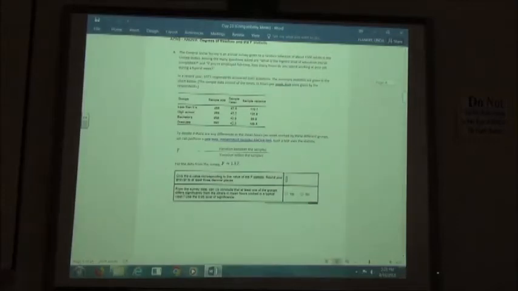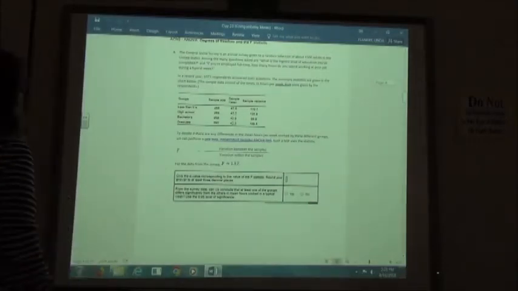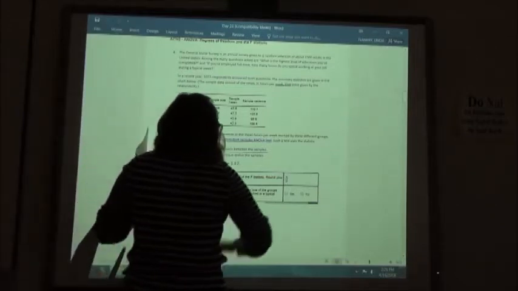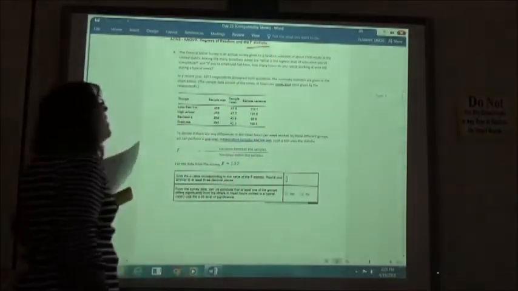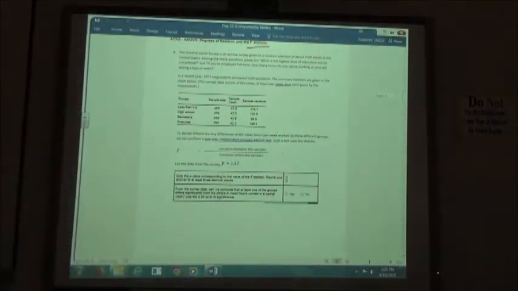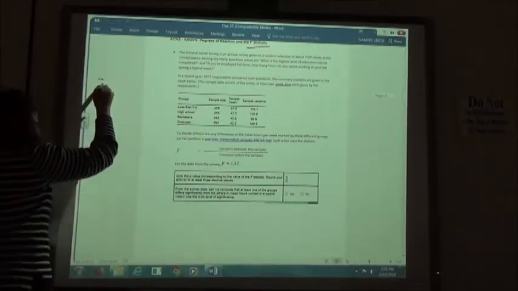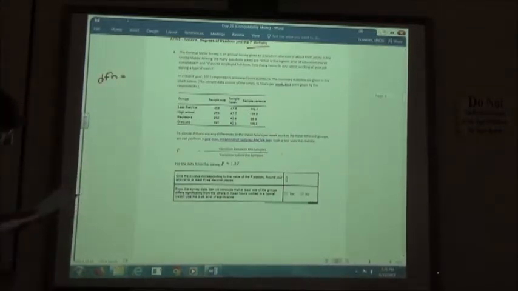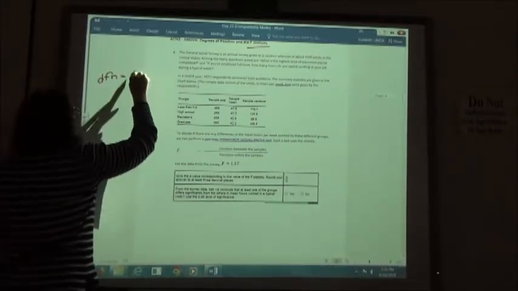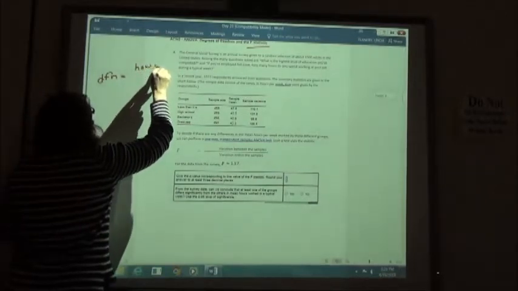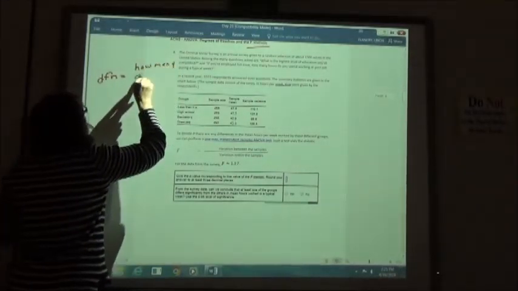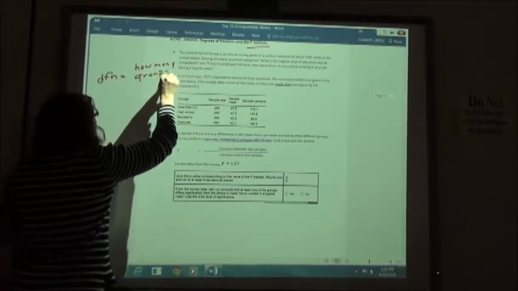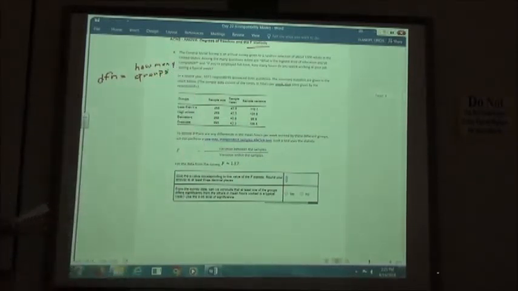All right, 4, 5, and 6, we're going to do the ANOVA test, degree of freedom, and F statistic. We're going to have both a degree of freedom in the numerator and a degree of freedom in the denominator. So my degree of freedom in my numerator, DFN, will be how many groups minus 1.